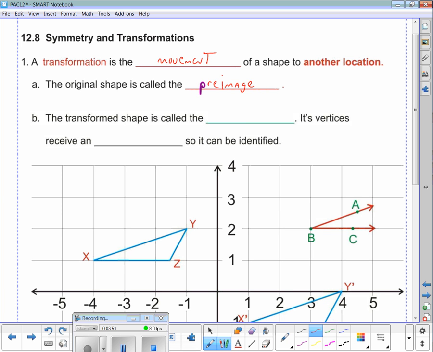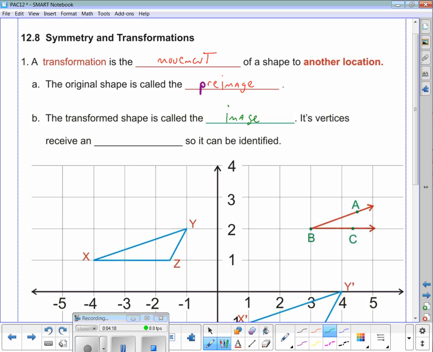The transformed shape, I'm going to write in green, is called the image. Maybe you could think of it this way. If I took a picture of the class and projected it up on the screen, would you actually be the ones on the screen?